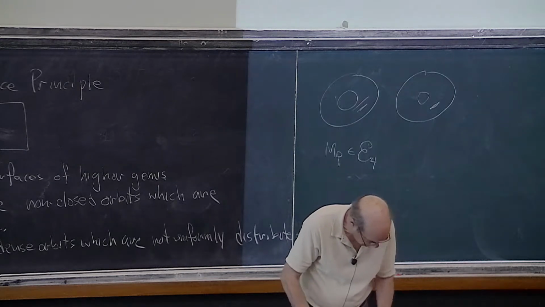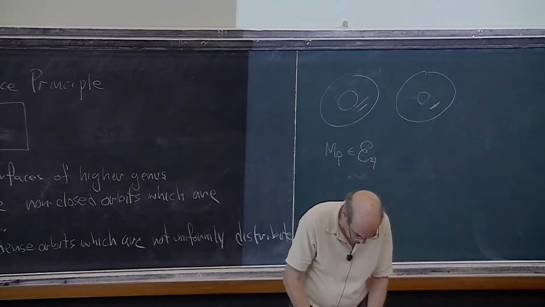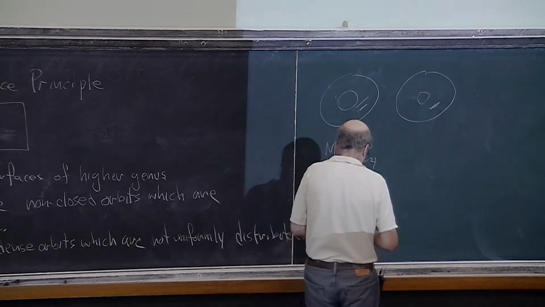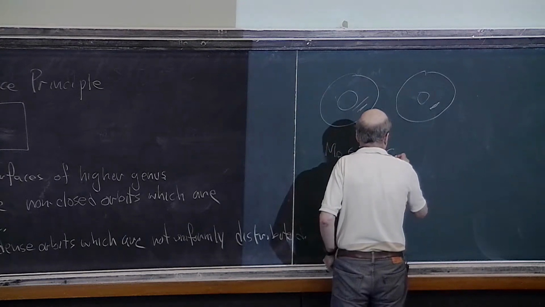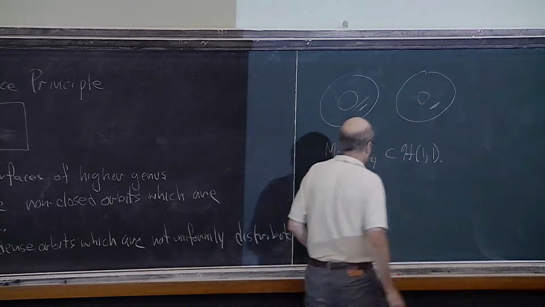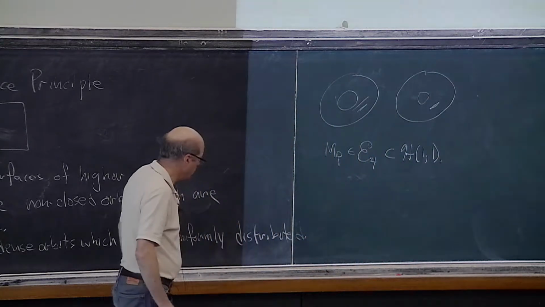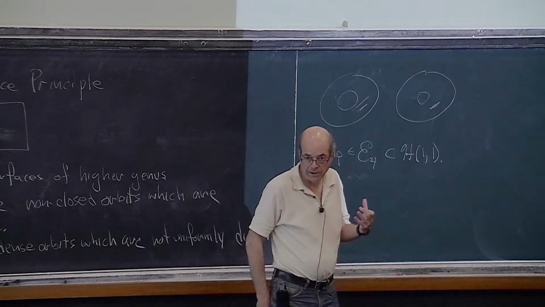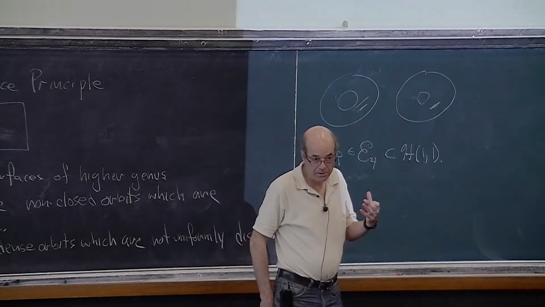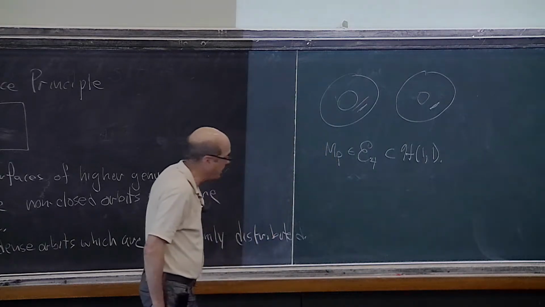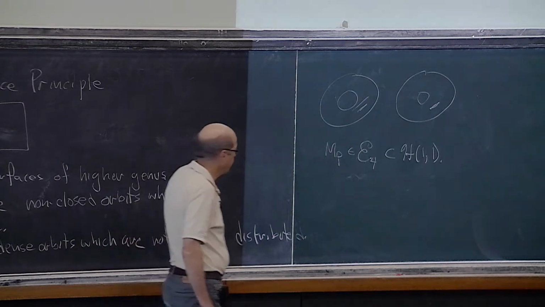And that's an example of an SL2R invariant locus inside H11. So Barak gave various examples of horocycle invariant measures, ergodic horocycle invariant measures inside H11.